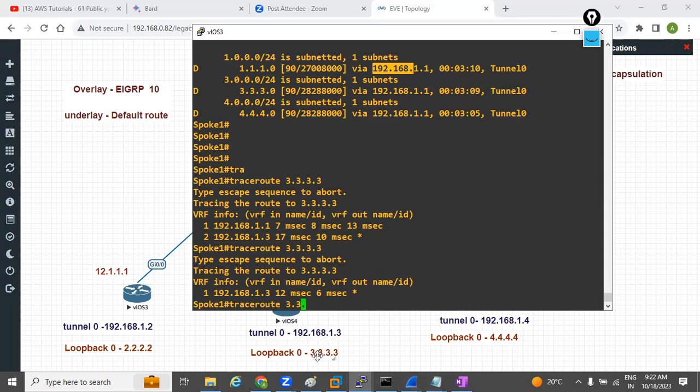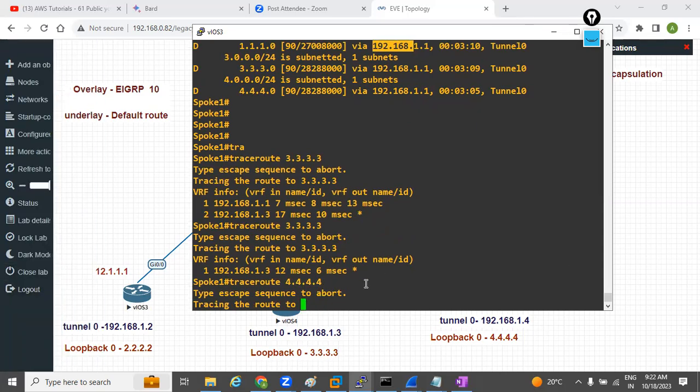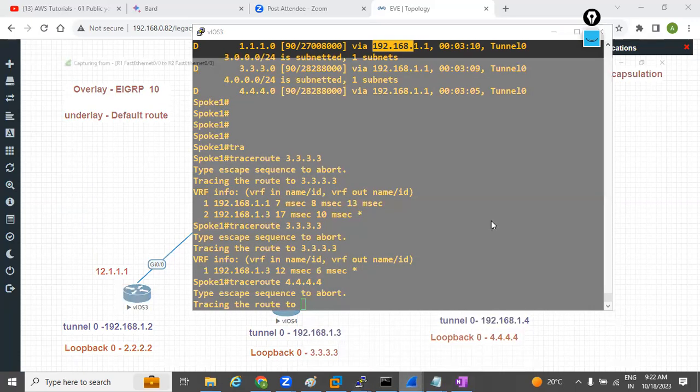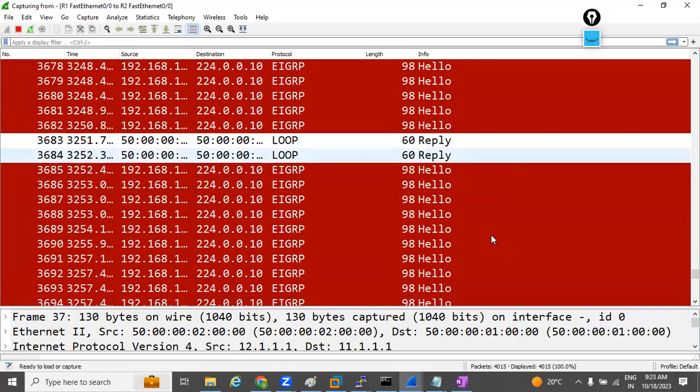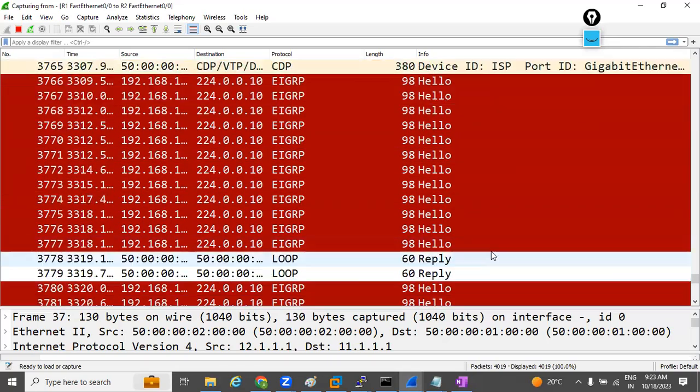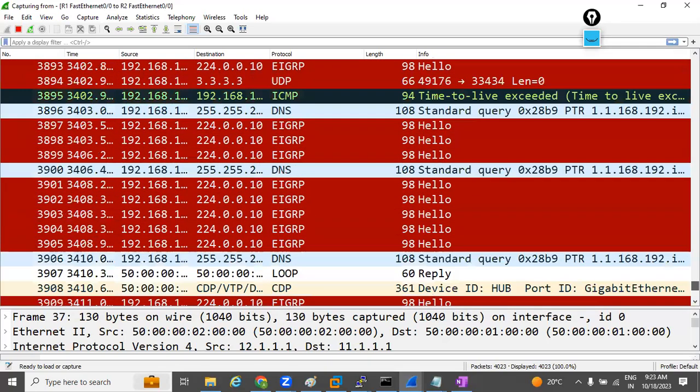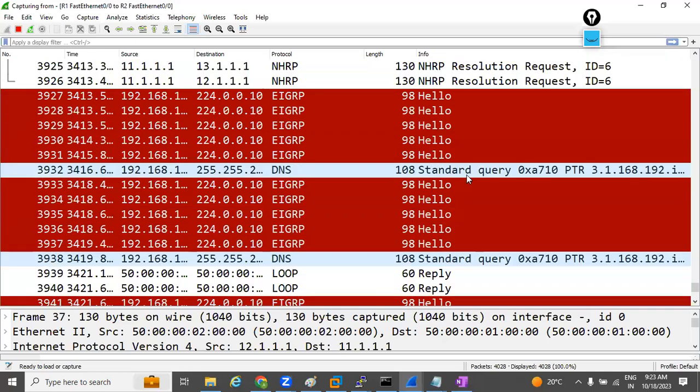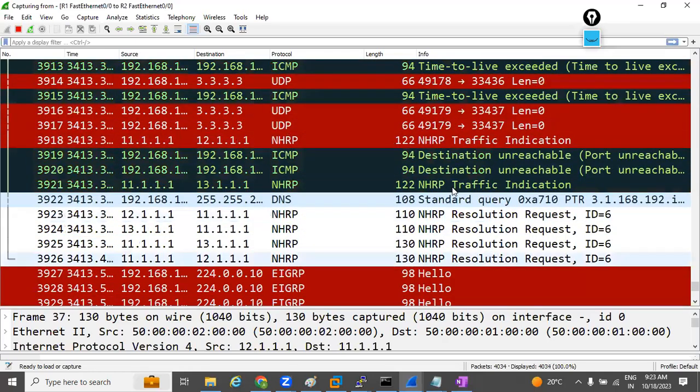Let's trace with 4.4.4.4. This is another one. And in between, I hope you can see the messages we have. NHRP traffic indication from 11.1. Who's 11.1? The hub. One is the NHRP traffic indication, which is about 12.1, and this is towards 13.1.